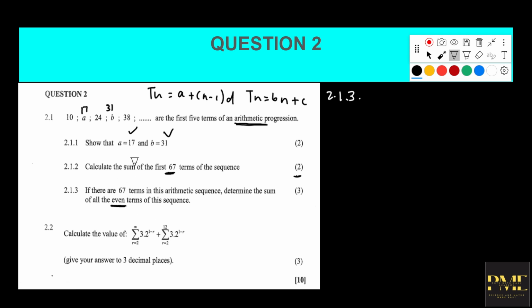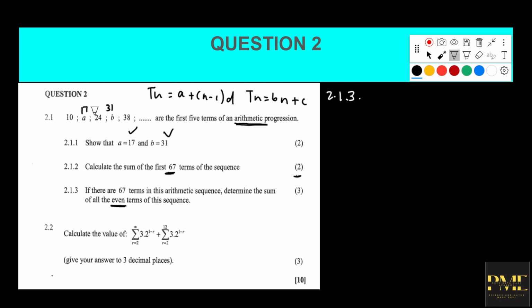Okay. So let us quickly look at our sequence over there. Okay. So we've got 10, we've got 17, we've got 24, 31, 38. So siyanotice ukuthi iterm ethu yokuqala iyadivideka idivide u2 and iterm ethu esibili ewu17 ayidivideki idivide u2.